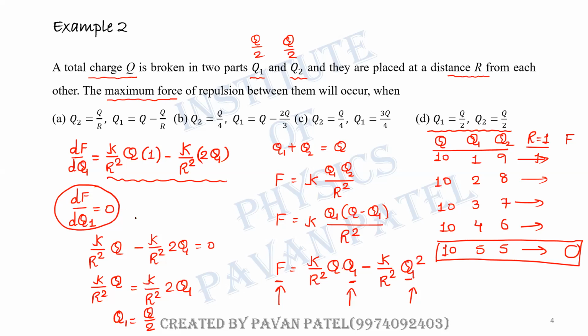You compare it with 0, and you will find the value of Q1 as a variable, which is Q by 2, and for this value force F is maximum. F can be calculated using this formula.